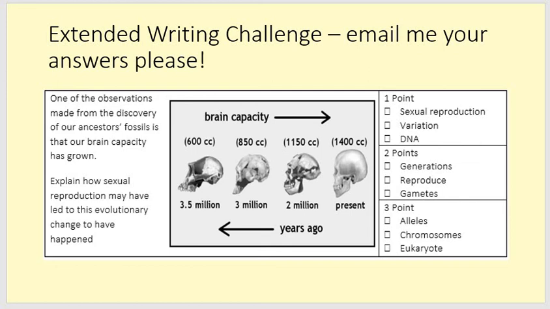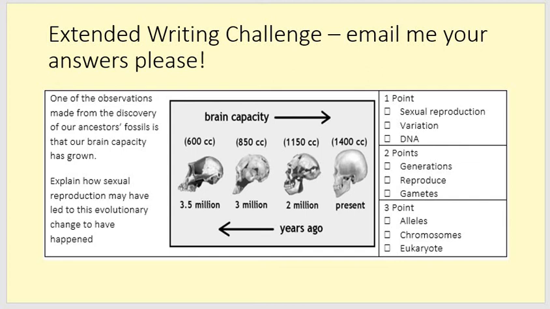So have a think about it. Do yourself a little plan. Think about how you're going to explain it, what order it needs to go into, because remember, when we mark these extended writing questions, there are points given for grammar and ordering, and it needs to make sense to the person reading it.